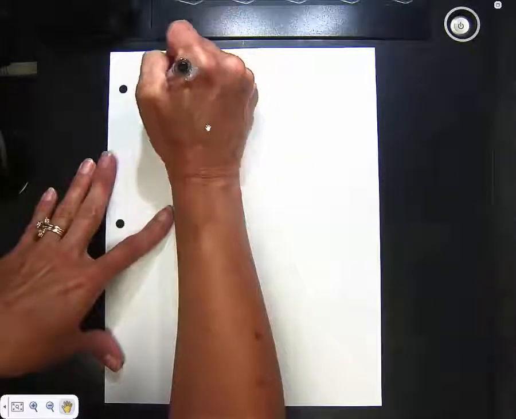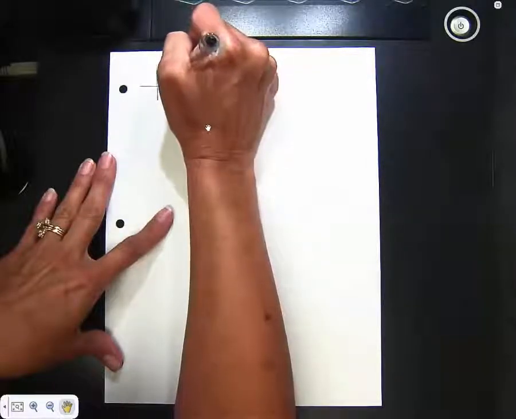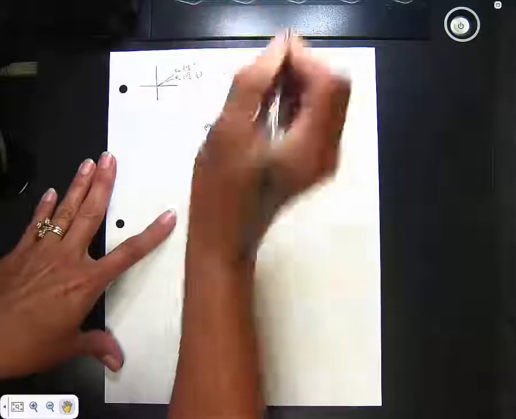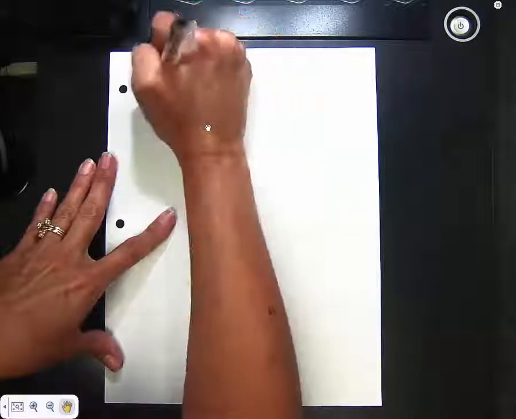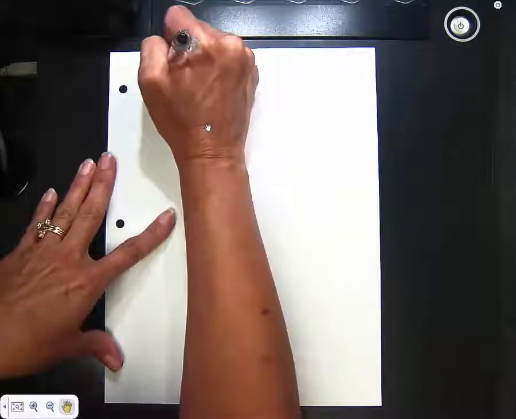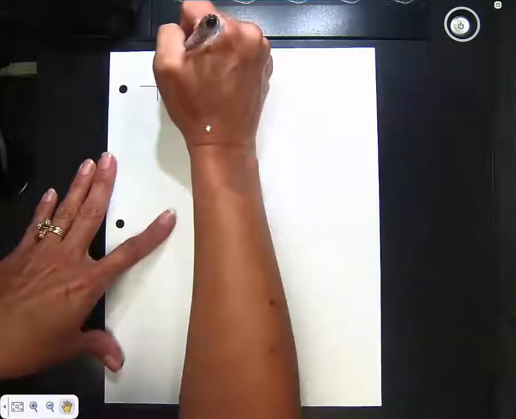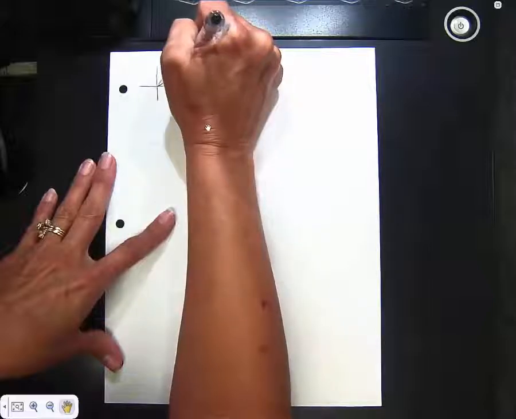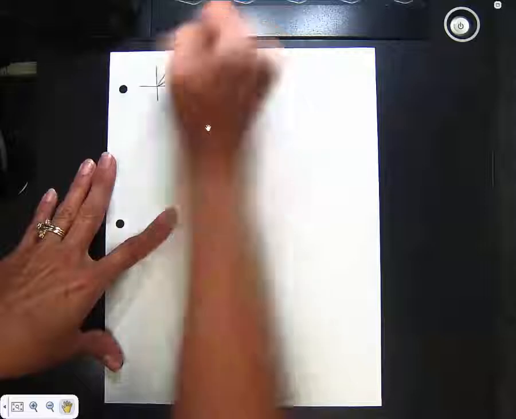At pi over 4, I know that both coordinates associated with that angle are square root of 2 over 2. And then at pi over 3, the y is almost 1. So y is square root of 3 over 2, and x is a half.